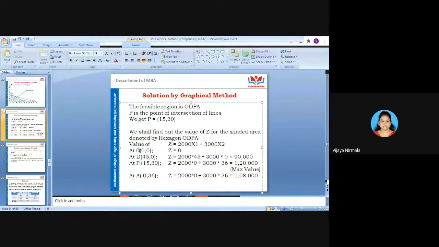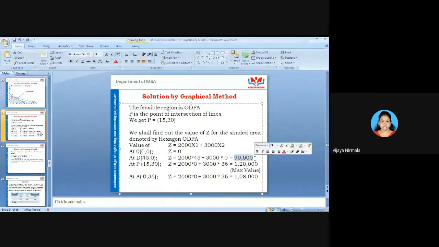At O, you have already found Z is equal to 0. Next at D, (45, 0), Z is equal to 2000 into 45 plus 3000 into 0. 3000 into 0 is 0, and 2000 into 45 is 90,000.